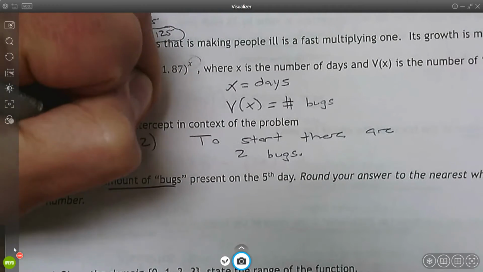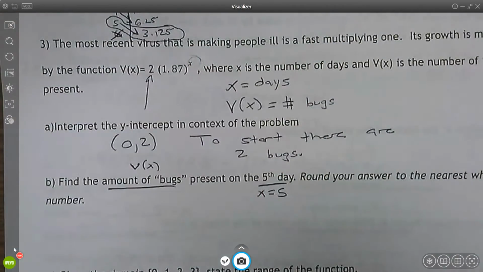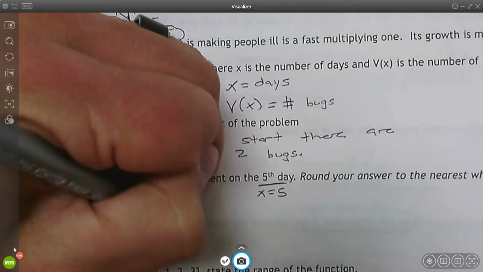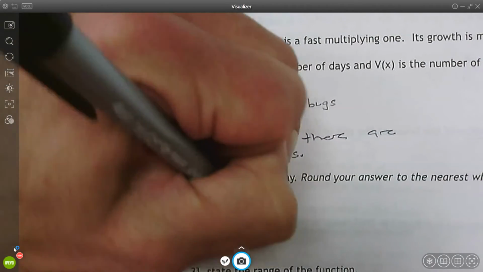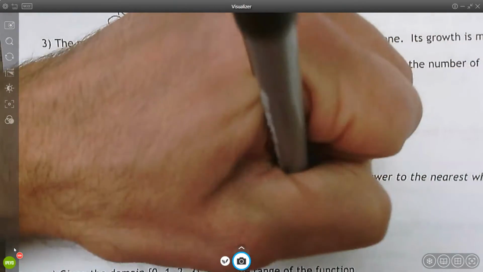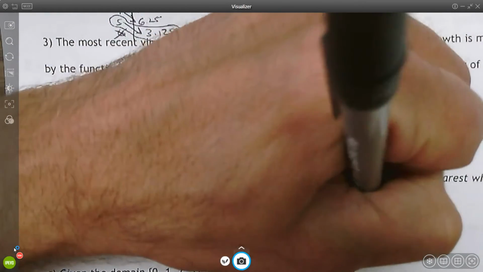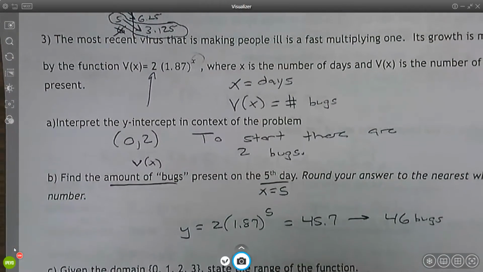So you're finding V of X present on the 5th day. X is 5. So this looks like y equals 2 times 1.87 to the fifth. 2 times 1.87 to the fifth gives you 45.7, rounded to the nearest whole number. We're going to say there's 46 bugs present.